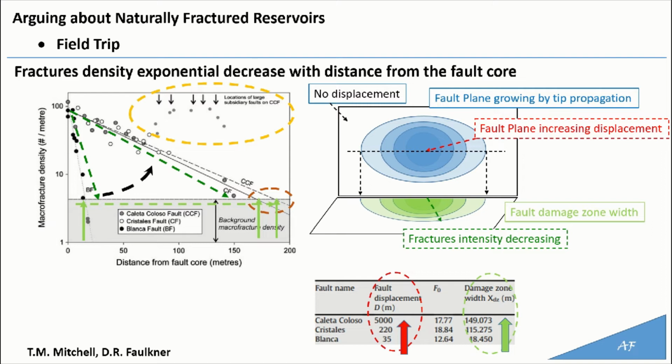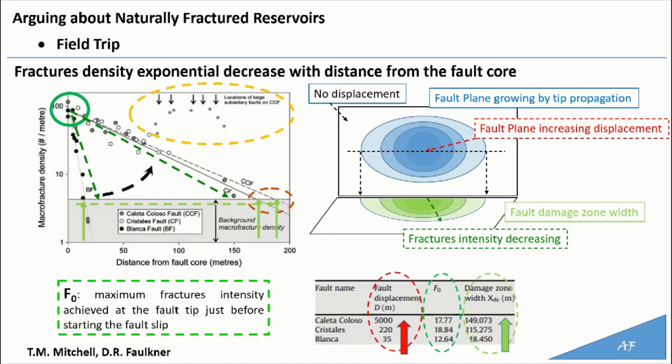So, the presence of subsidiary faults is bound to introduce a kind of noise in the master fault fracture intensity exponential decrease.